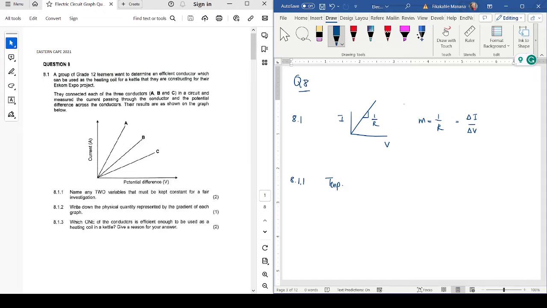And then when it comes to this conductor, I would say that the length of the conductor at least should be the same. So temperature, maybe around room temperature or whatever the temperature is, just make sure you keep it constant.